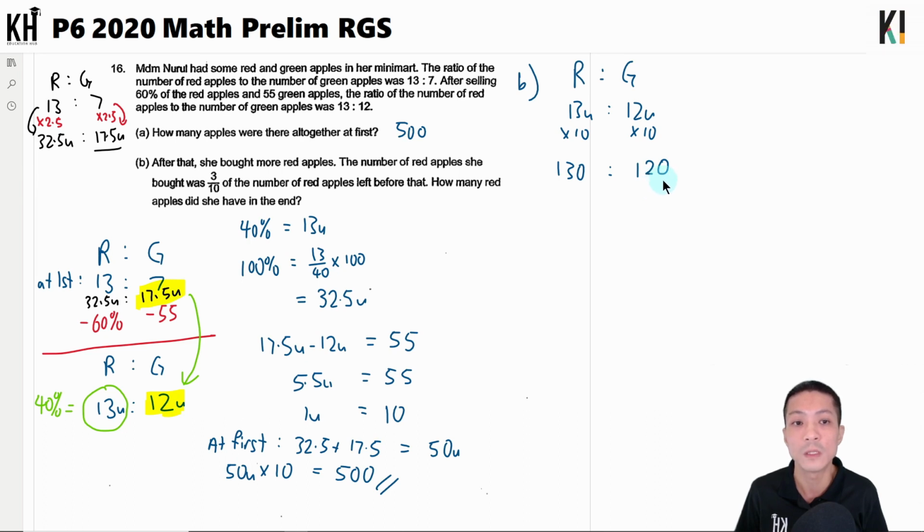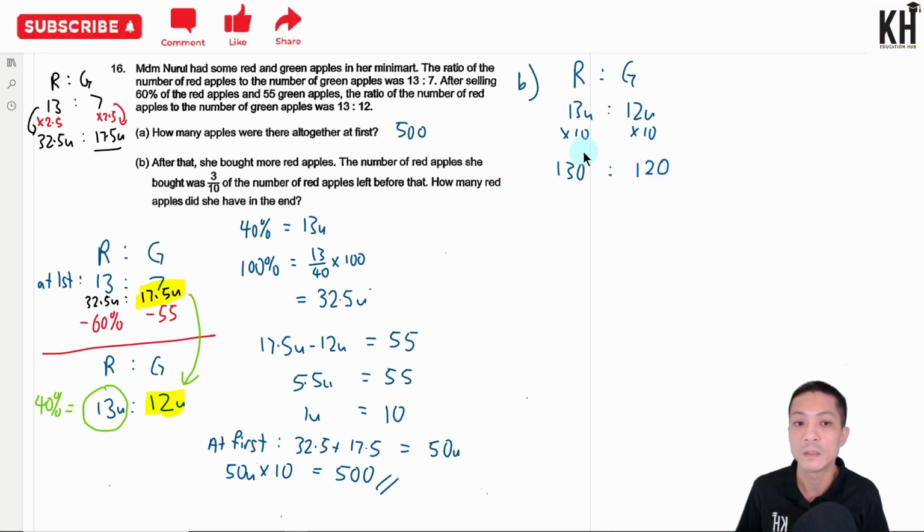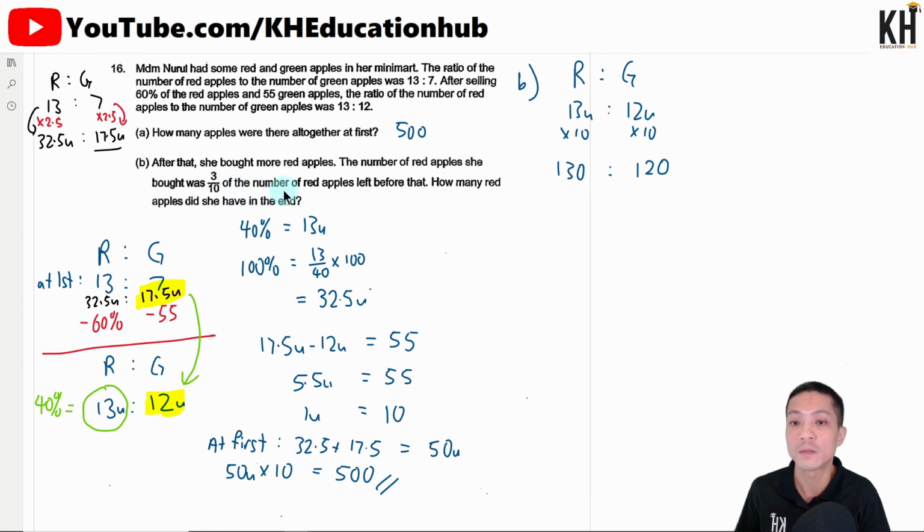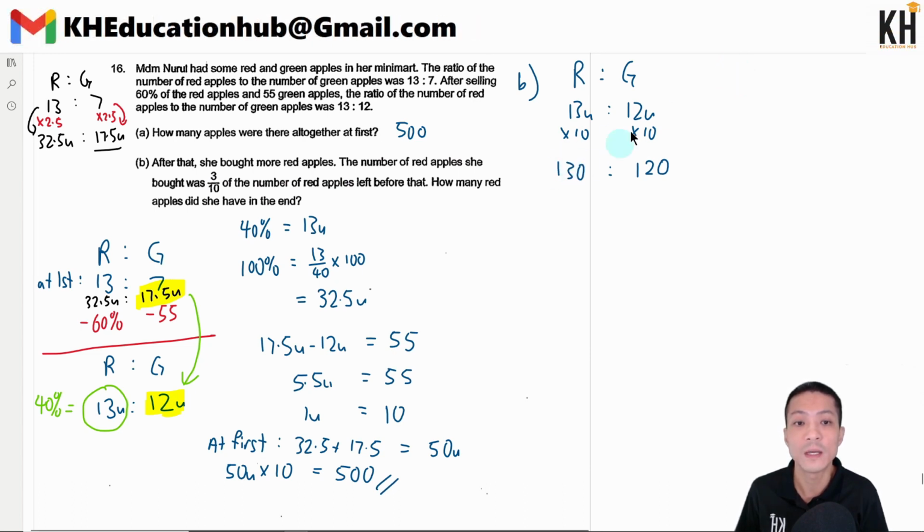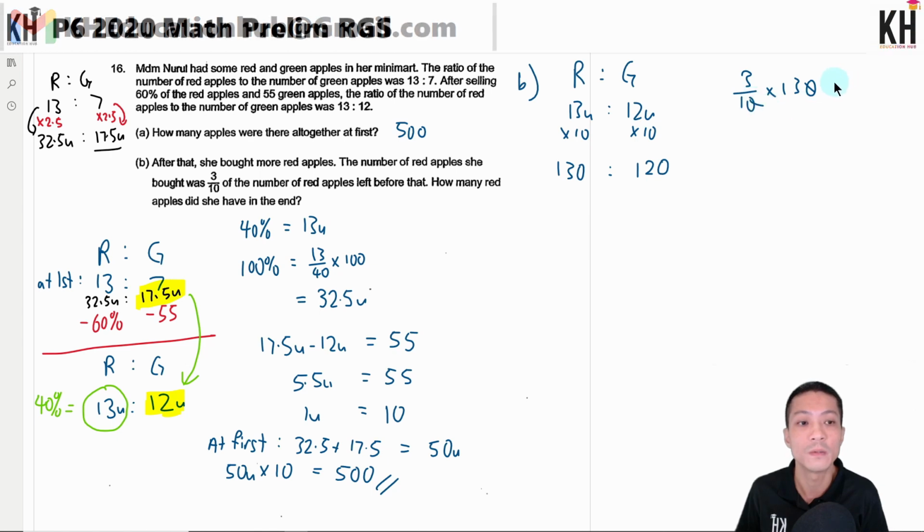130 and 120. Okay, and so she bought more red apples. The number of red apples she bought was 3 over 10 of the number of red apples left. Okay, so 130 red apples are left, right? So 3 out of 10 times 130 will give me 39.